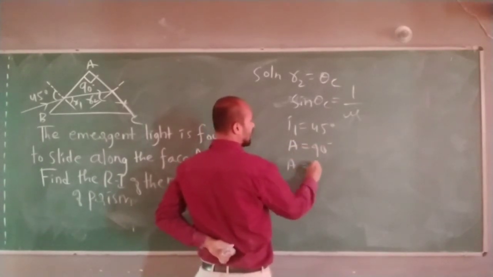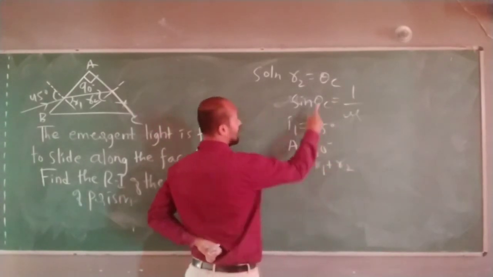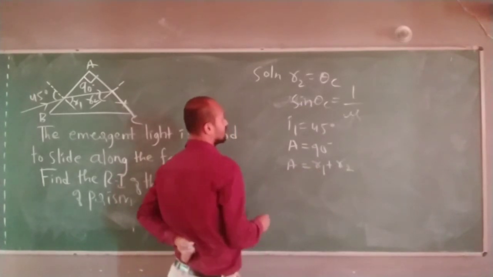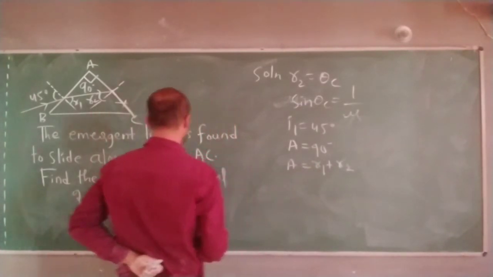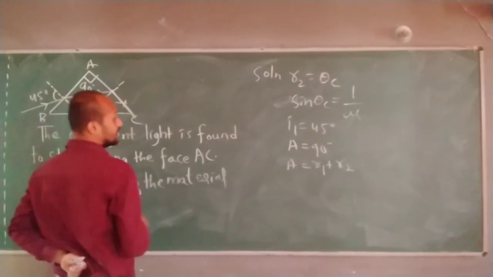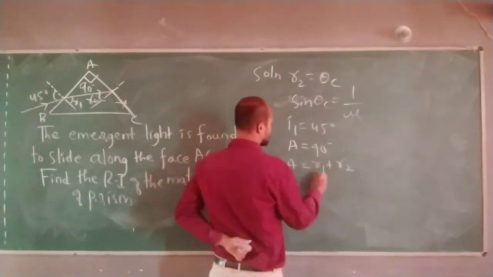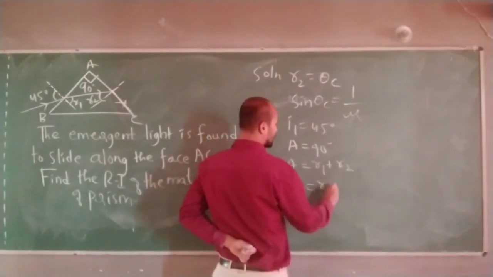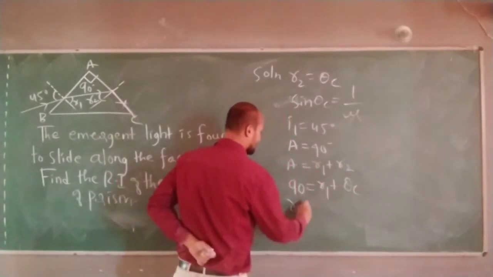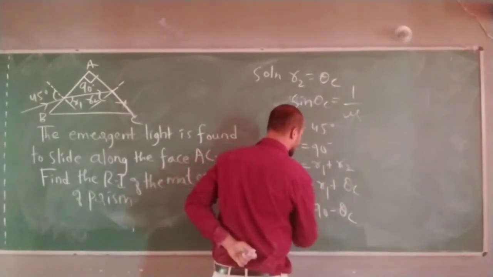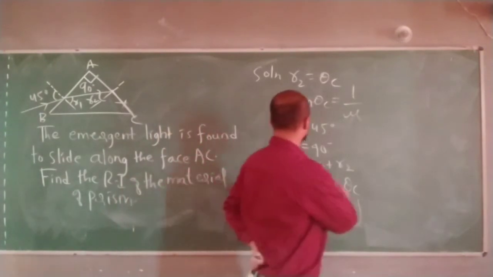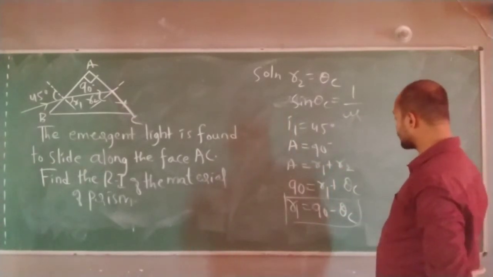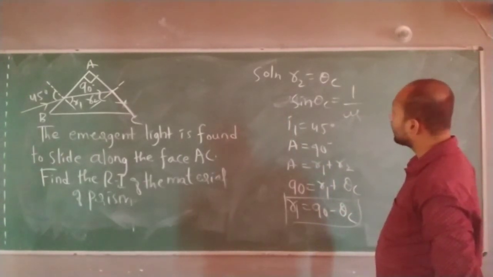So A is equal to r1 plus r2. r2 is theta C, and r1 he has not given. So 90 is equal to r1 plus theta C, or r1 I can write as 90 minus theta C. I am writing this because to find mu I have to find r1.